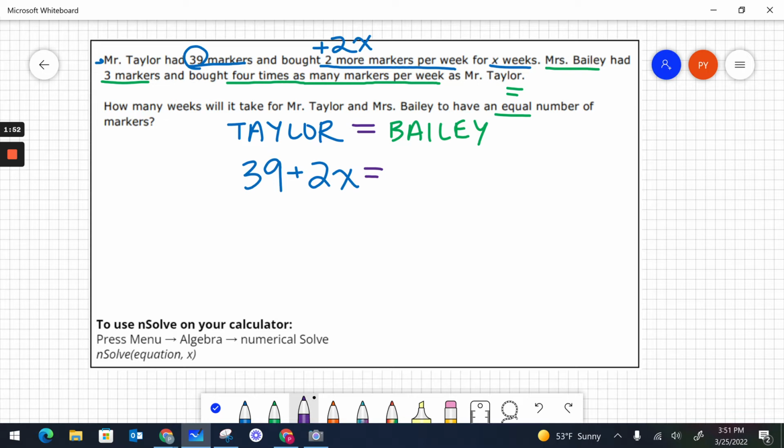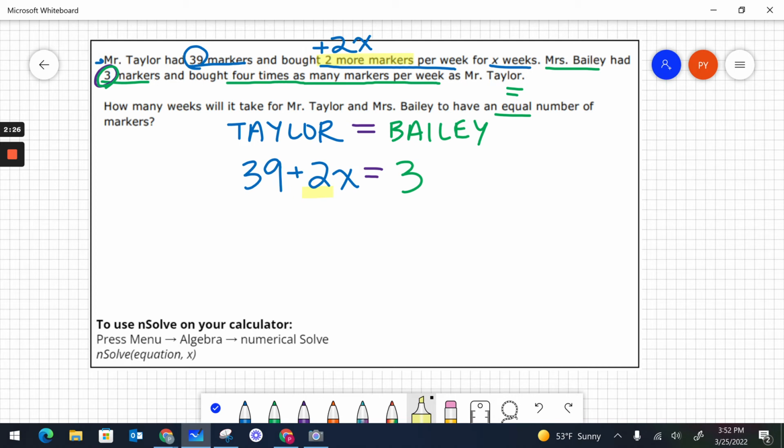So let's go back to the problem and read what we know about Mrs. Bailey. She had 3 markers. So she starts with 3. And then she buys 4 times as many markers per week as Mr. Taylor. Well, Mr. Taylor buys 2 more markers per week.